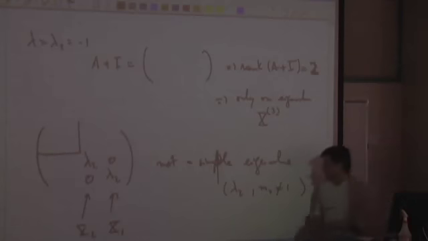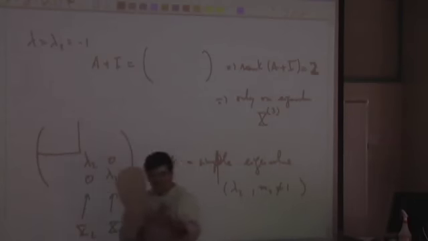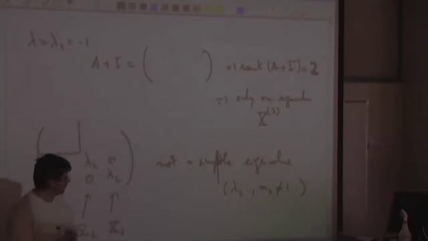So this would not be a simple eigenvalue with multiplicity equal to 1. It would be at least. You see, the multiplicity of the eigenvalue that appears in the characteristic polynomial is at least the dimension of this eigenspace.